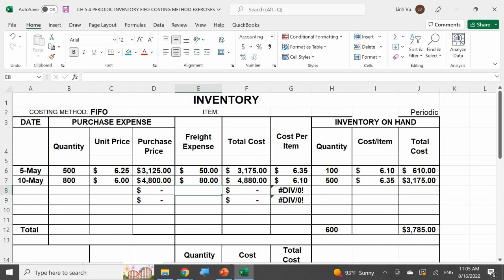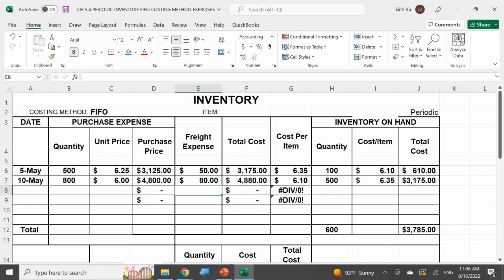Which, like I mentioned, right? Because you see this error code right here that says #DIV/0!, meaning you can't divide by 0, right? That's because this cell was empty. But now that they got filled in, it recognized that you're taking the 4,880 and dividing it by the quantity of 800. So therefore, it's going to equal $6.10 per item.